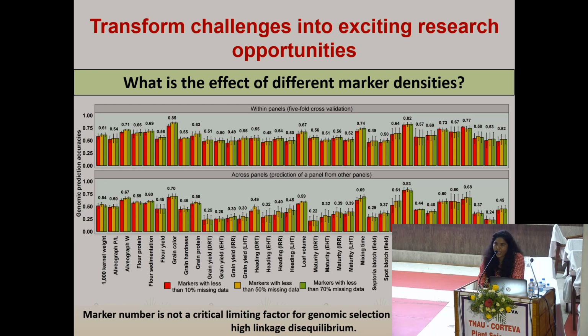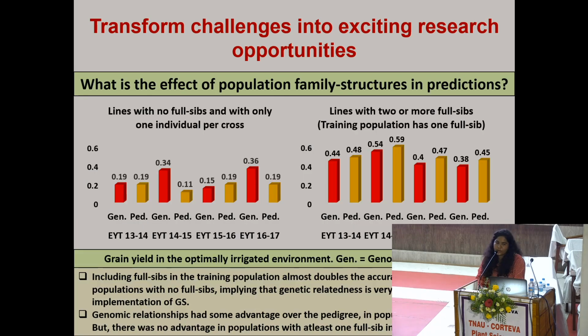As long as you have a crop with high LD like wheat, a small number of markers is still good enough to get good prediction accuracies. This might not be true for other crops which are highly outcrossing, but in wheat, this was our case. Even if you go down to 200, you still get only about a 0.10 or 0.05 difference in accuracies. And few markers are still good. That's what we studied in wheat.